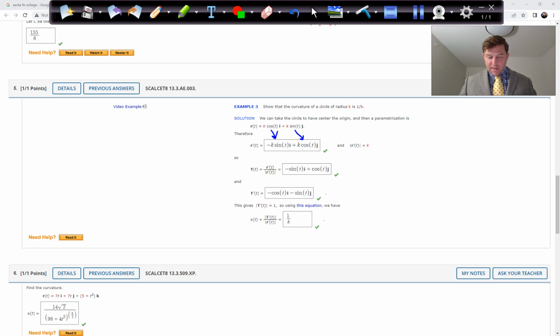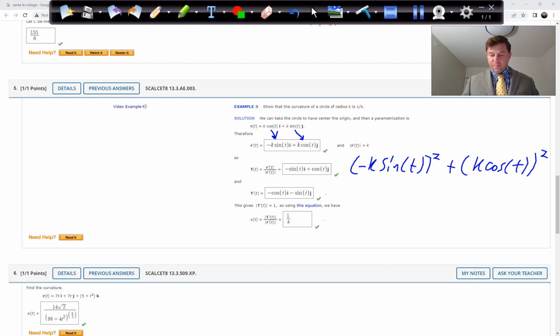So the magnitude would be minus k sine t squared plus k cosine t squared. So we're just squaring each component of the derivative, adding them up, and then square rooting them.